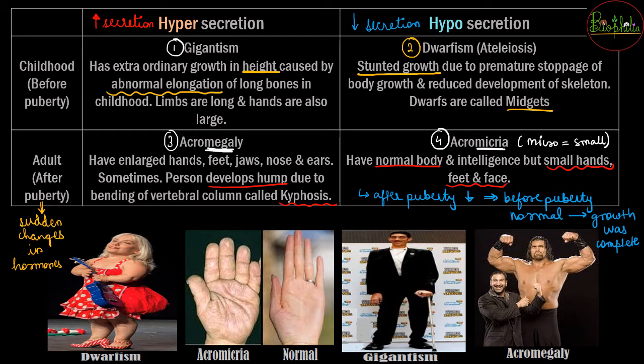So these are the four conditions that we study in the decreased or increased conditions of growth hormones. So I hope you understood, and you can see the images how different kinds of people are going to be there because of the different secretions of growth hormone.